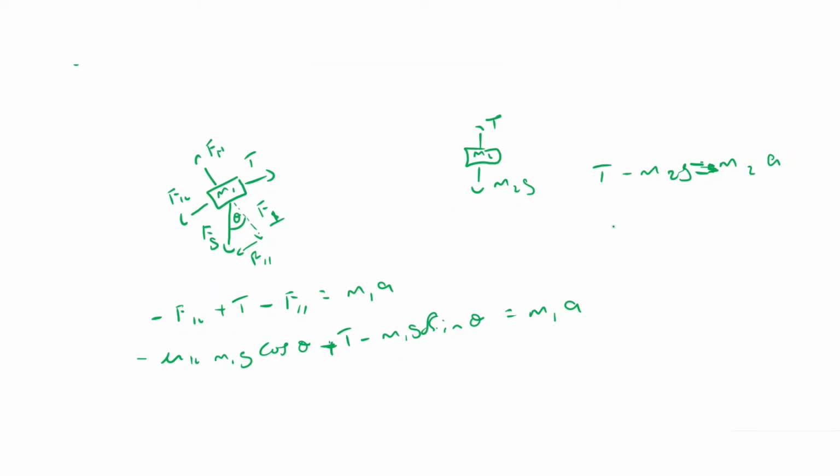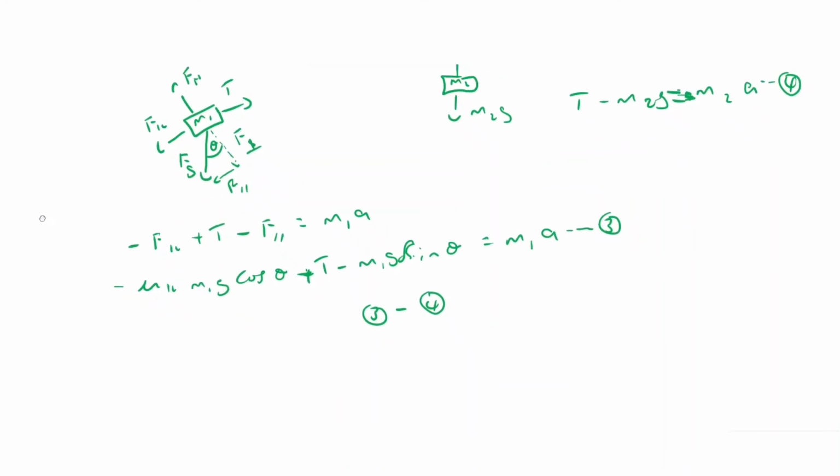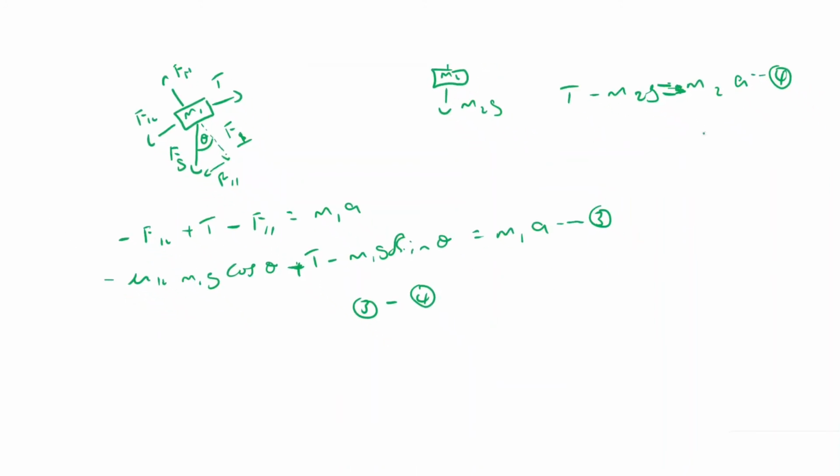All right. So what you want to do is, since you have T positive in all of them, just subtract these two equations. Call this equation 3 because we already have equation 1 and 2. Call this equation 4. So you take equation 3 and then you subtract equation 4. I'm hoping you know how to do simultaneous equations. If you don't, alternatively you can substitute.